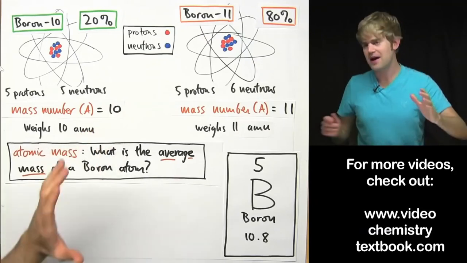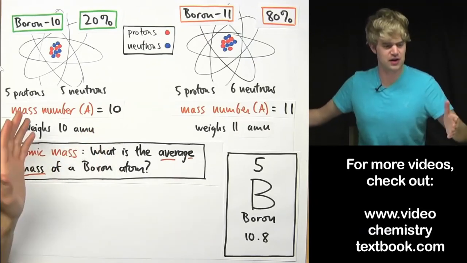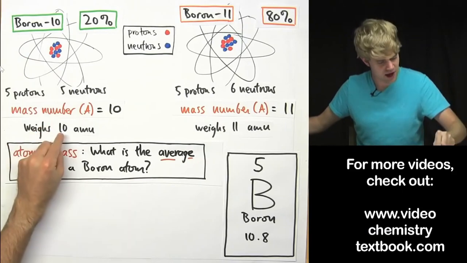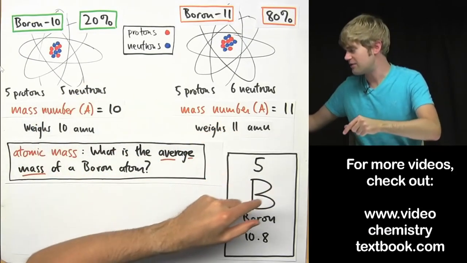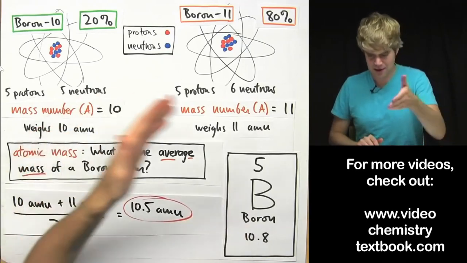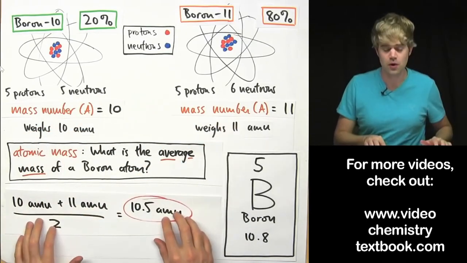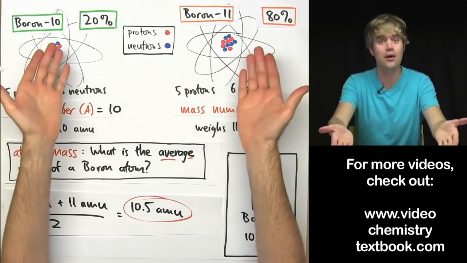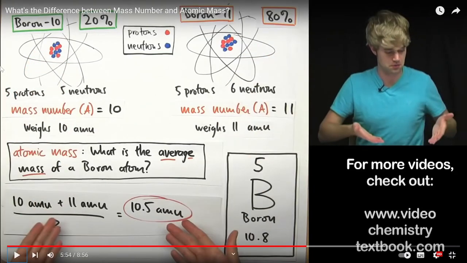Now, you might think average is pretty easy. I know how to take an average. This one weighs 10, this one weighs 11. So why don't I just add the two of them up, 10 plus 11, and divide by 2? And then I'll get 10.5. That's how I take an average. You can fill in that 10.5 in the little circle that has an X beside it and says nope, because that's not the actual answer.